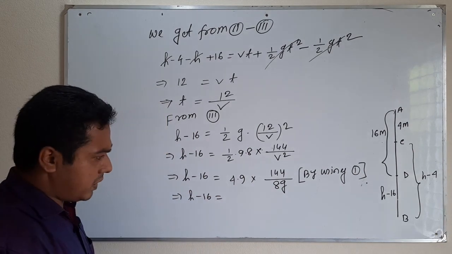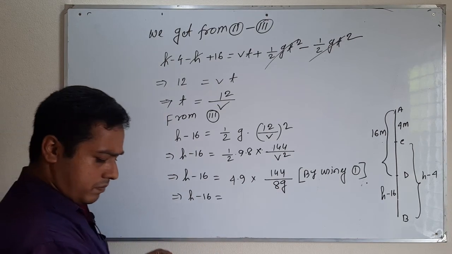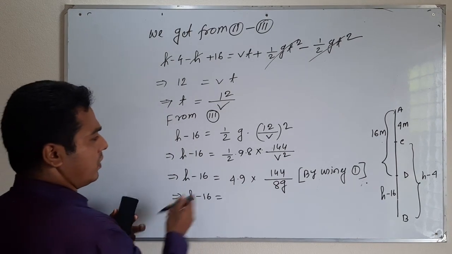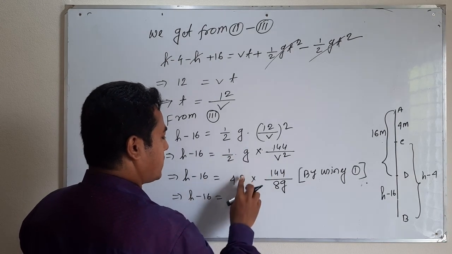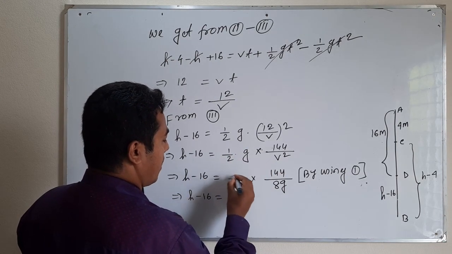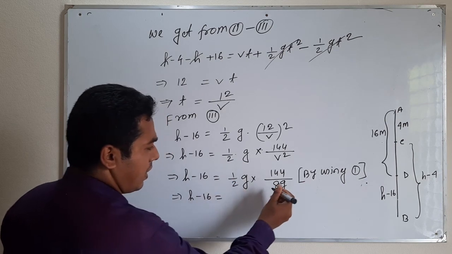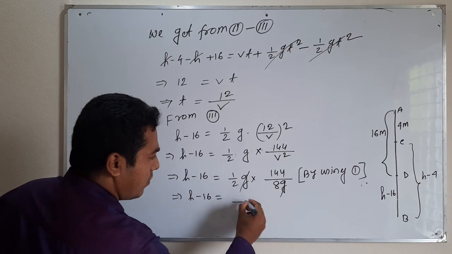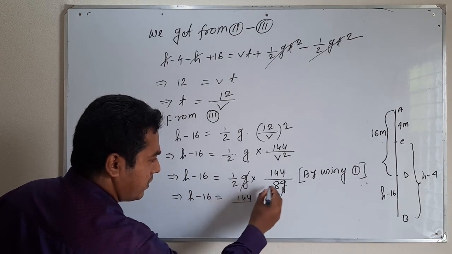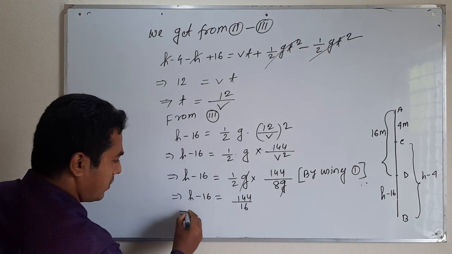My dear students, it is better not to replace the value of G as 9.8 here, and after replacing V square, it is easy. So 144 divided by 16 is 9.